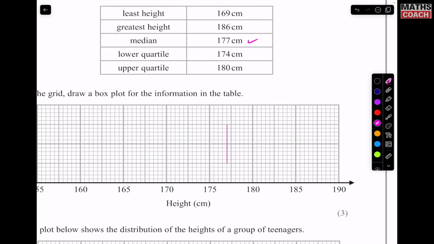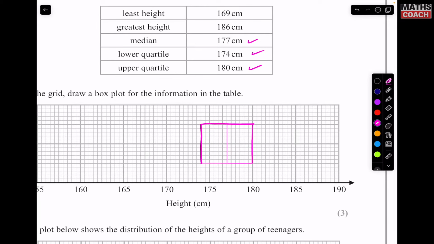Now, that's that done. The upper quartile, since I'm near there, is 180. There you go. So that's the upper quartile, and the lower quartile is 174. That would be right there. And then I'm just going to close that up like that. Okay, so I've done that. Now the least height and the greatest height.